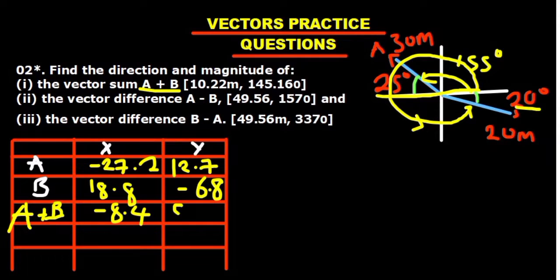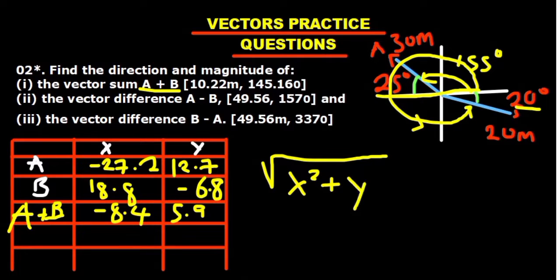Okay, so the sign that is between the two vectors will guide us on what to do with the components. So we found the x and the y component for A plus B. How do you get to find the vector itself? So remember we said in the previous question that it's supposed to be the square root of the square of the x component plus the square of the y component.